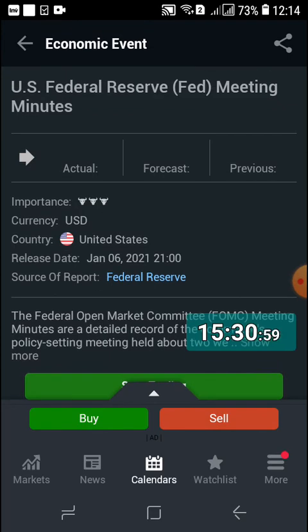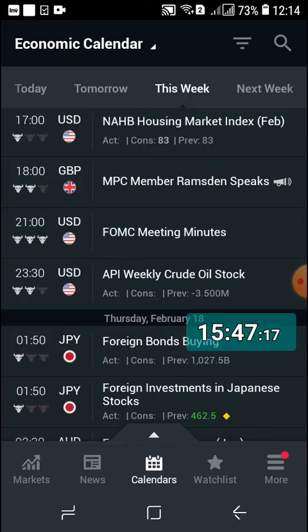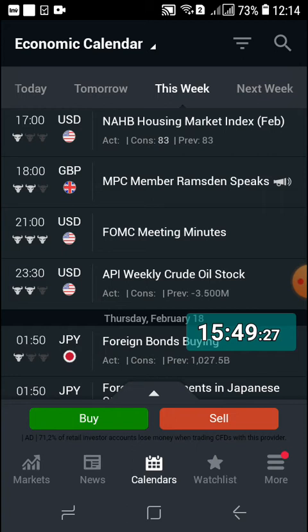It doesn't show the previous and the actual, but hopefully it will show the information throughout tomorrow during the day, because the event is going to happen at night. I'm going to profit on this one, I have confidence. I'm confident with everything that I do on the forex market, and I take risks. If I lose, it will be a lesson; I will learn from my losses. If I make profits, I will be happy.